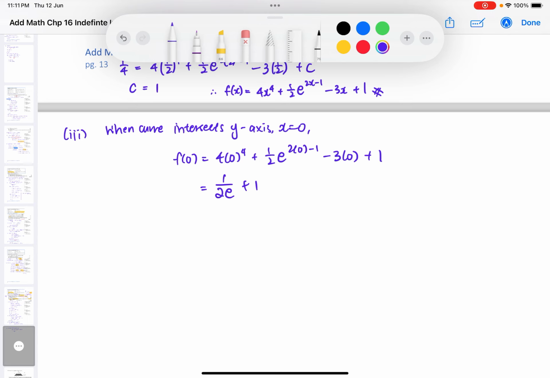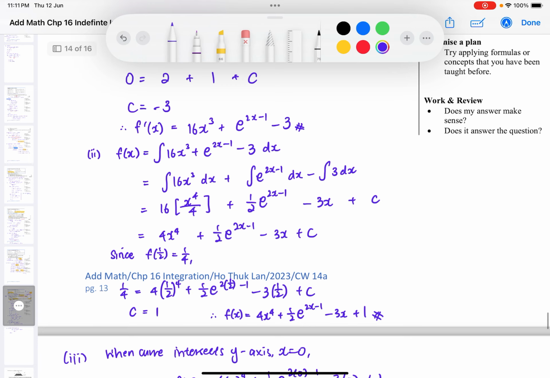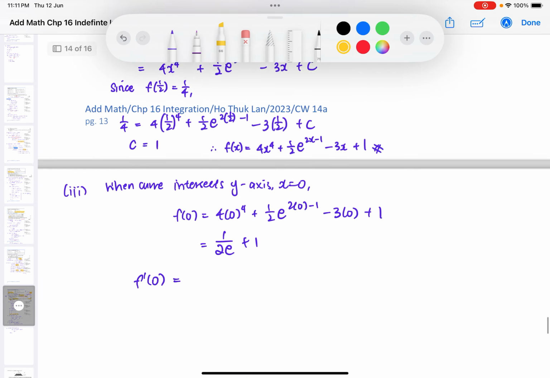And then we have our gradient. We have to find our gradient. So f'(0), because when the curve intersects the y-axis, x is equal to 0. Our expression for f'(x) is over here, 16x to the power of 3.